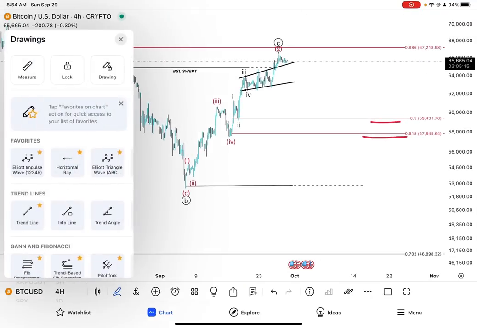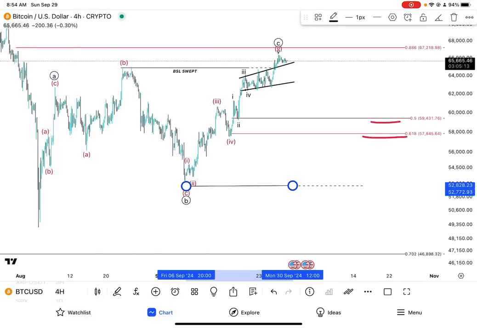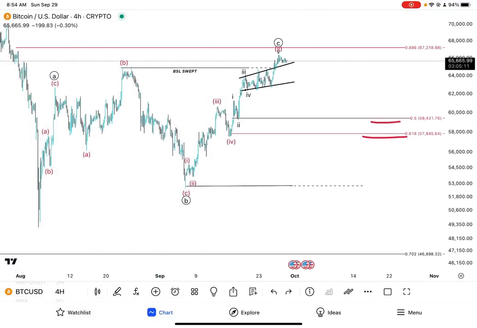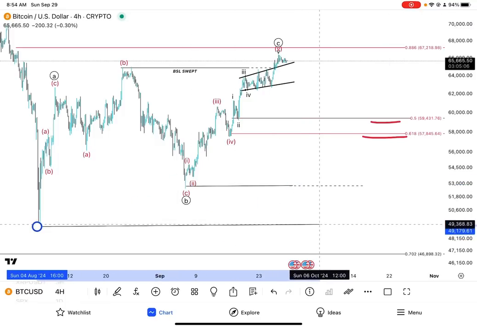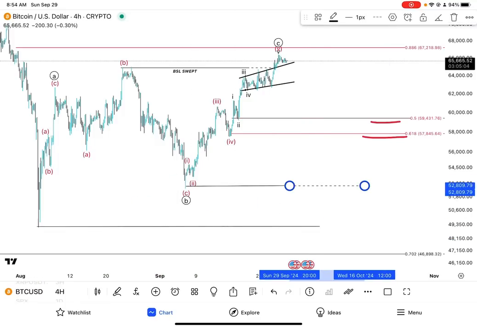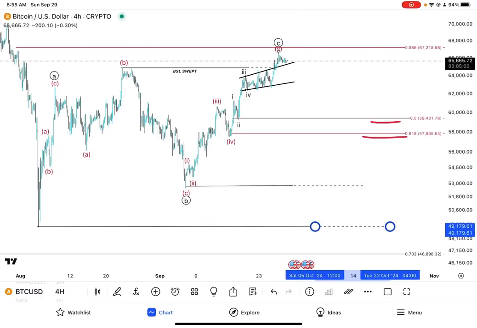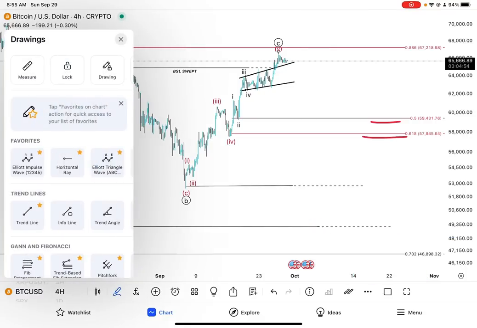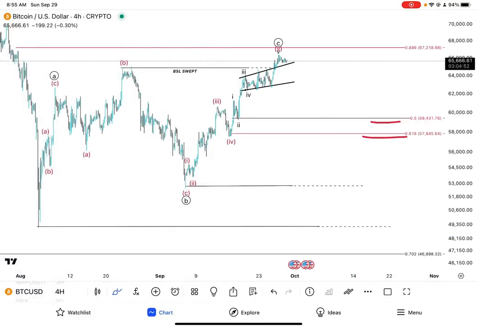What we would likely see is something like this, right over here, if we went below the 50 and 61.8% fib. We would come down like this.